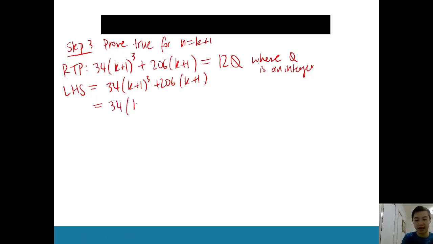So this will be 34 times (k cubed plus 3k squared plus 3k plus 1) plus 206k plus 206.